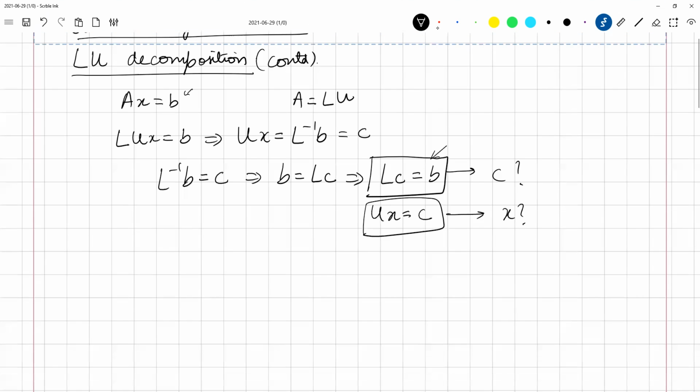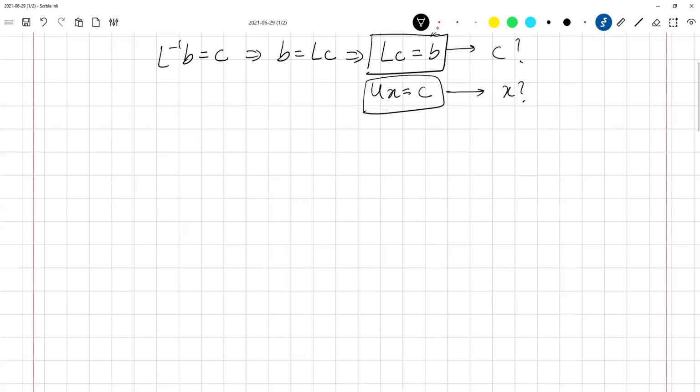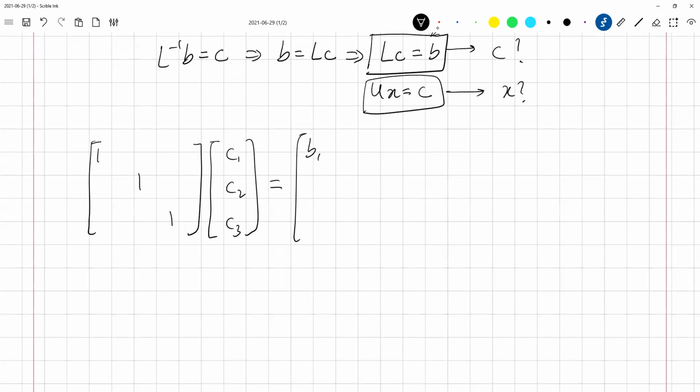Now let us look at what LC is equal to B looks like. If we look at an example of a 3x3 matrix, L times C1, C2, C3 is equal to B1, B2, B3.